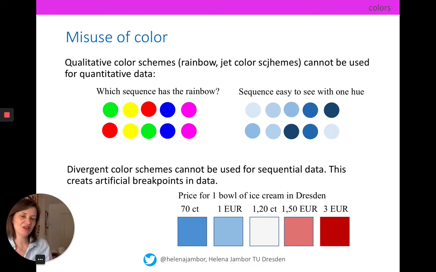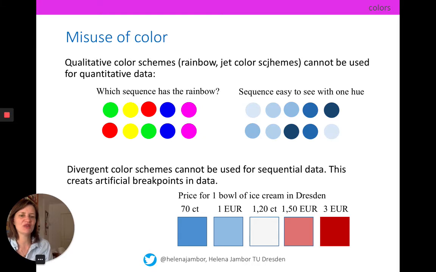What you can see here is that if you use a divergent color scheme for such sequential data, you sort of place a second meaning onto that information. For example, it looks like everything above €1.20 is what Helena considers way too expensive and color coded in red, while 70 cents and €1 is an okay price.